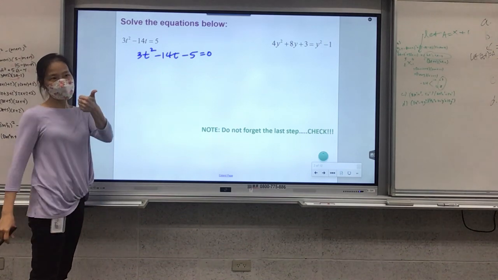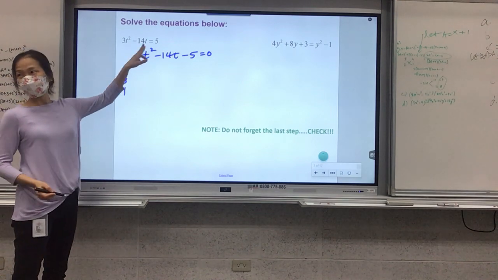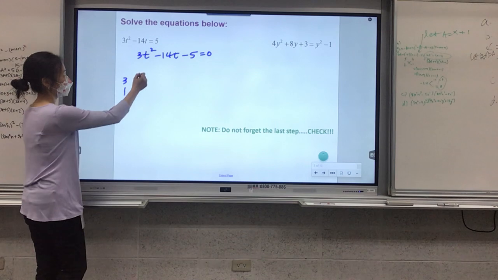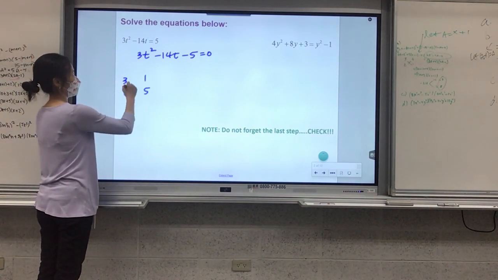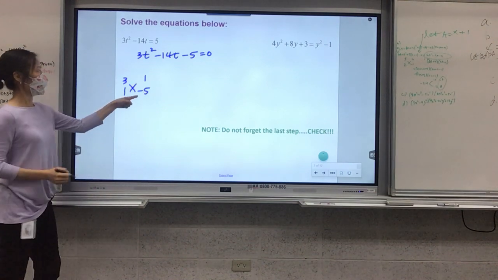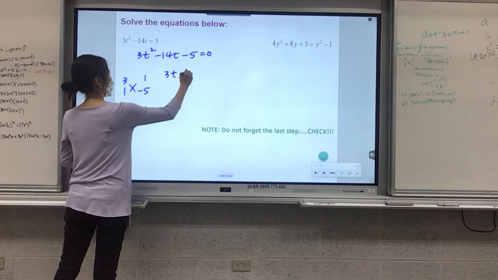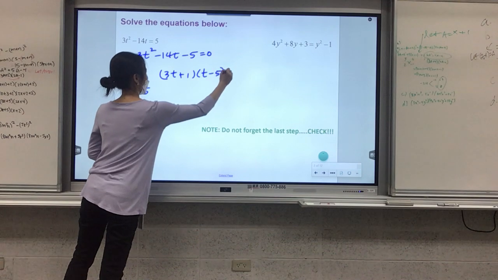Your SVC method, I like to just find out the factors of the leading coefficient and the constant. This one is easy. 15, minus 1, okay? Leave the negative 5. 3t plus 1, t minus 5 is equal to 0.